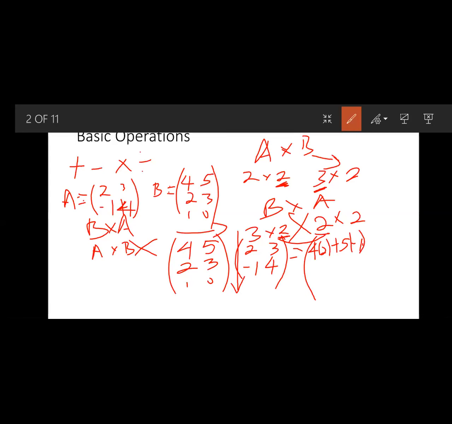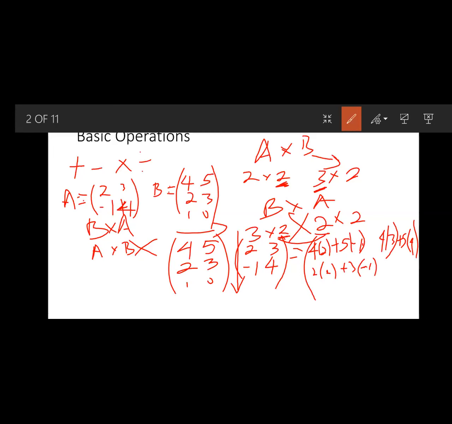So we go to the next one: 4 by 3, plus 5 by 4. Then the next one: 2 by 2, plus 3 by minus 1.